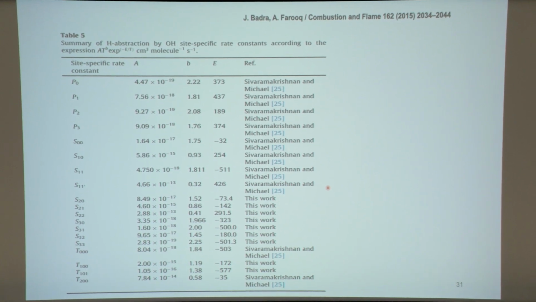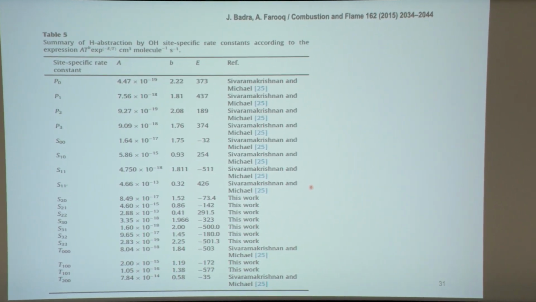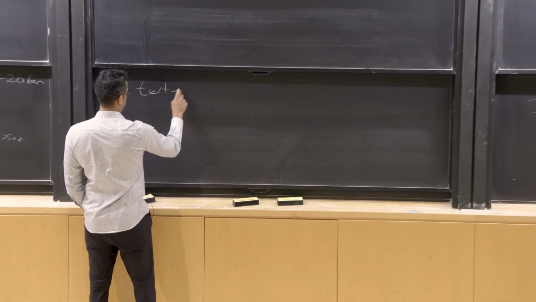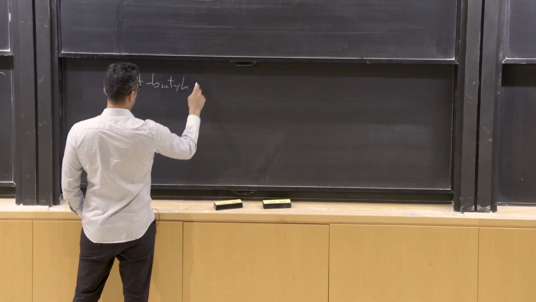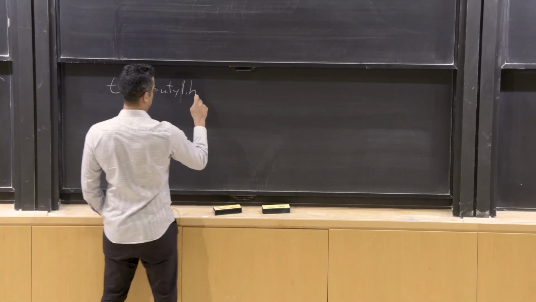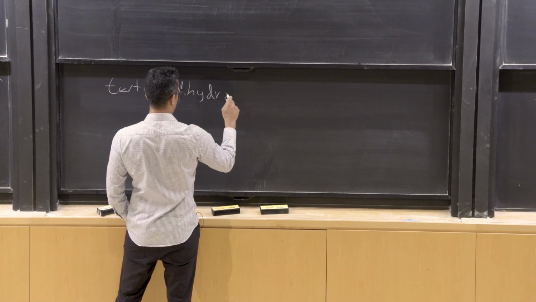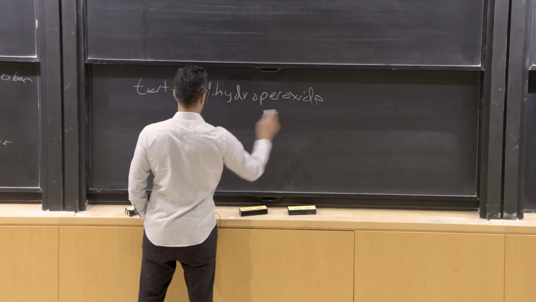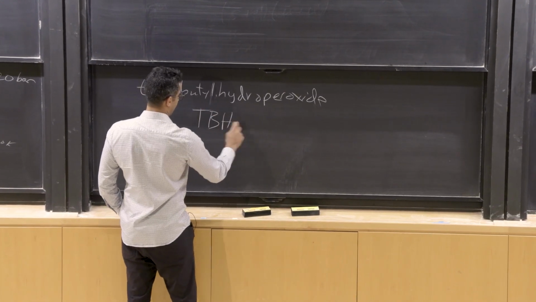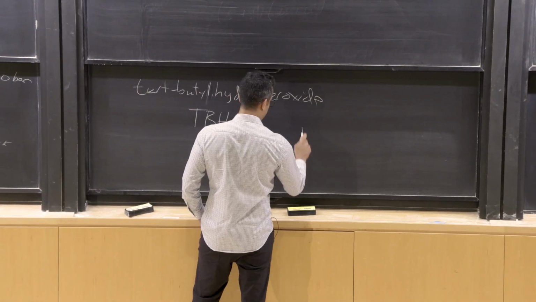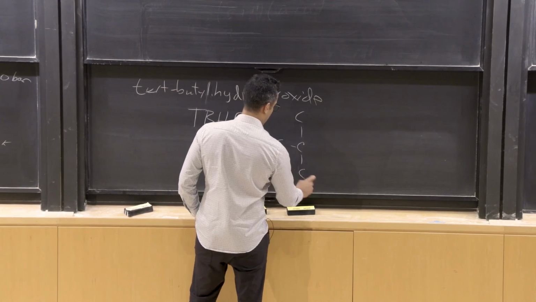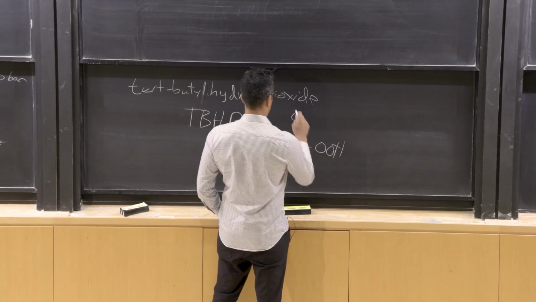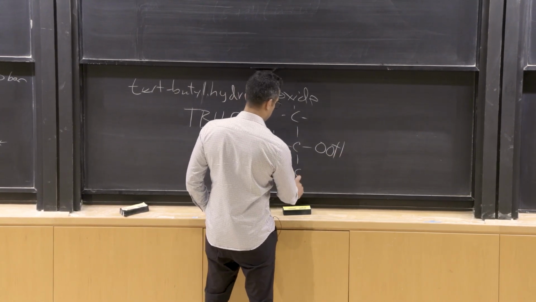Well, they take a molecule called tert-butyl hydroperoxide, or TBHP, okay? How does it look? Well, it's a tert-butyl, so there's a carbon, a carbon, a carbon, carbon, 4 carbons, a tert-butyl group, and then a hydroperoxide. And there's, of course, hydrogens here.